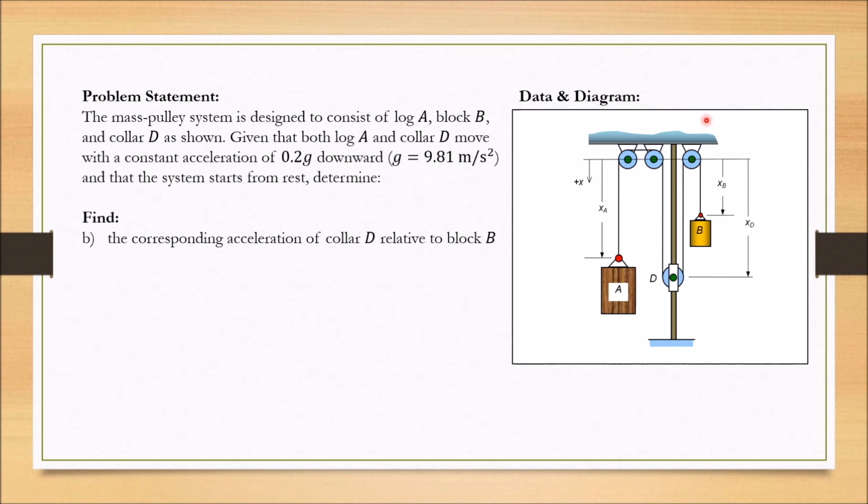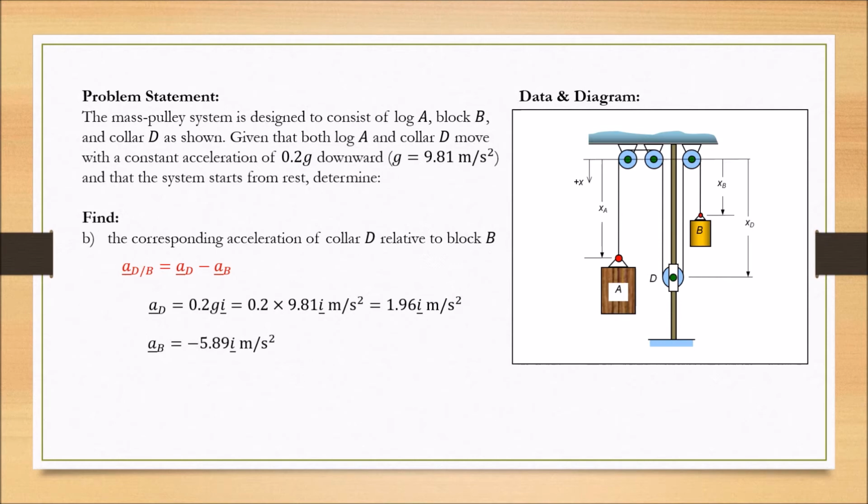Question B. The corresponding acceleration of collar D relative to block B. The vector of acceleration of collar D relative to block B, aD/B, equals aD minus aB in vector. aD is 0.2 g directed downward, 0.2 g i, 1.96 i meters per second squared. aB, from what we obtained previously, is negative 5.89 i meters per second squared.